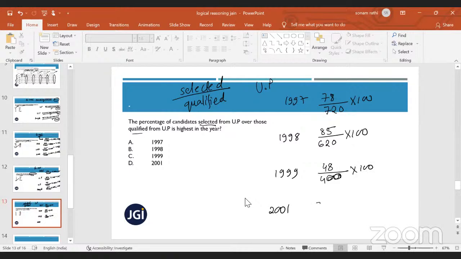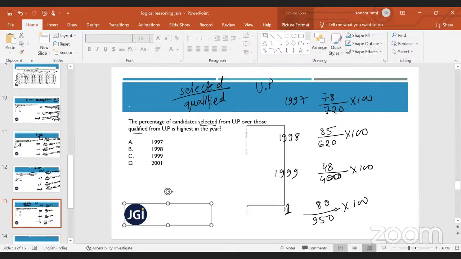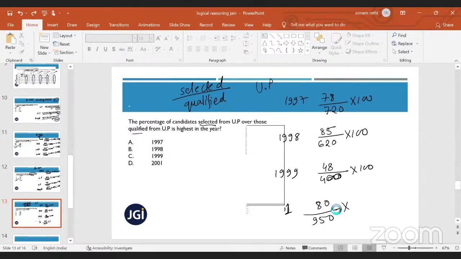For 2001, 80 upon 950, into 100. You need to do these calculations. Once the calculation is done, you need to find which one? Highest.